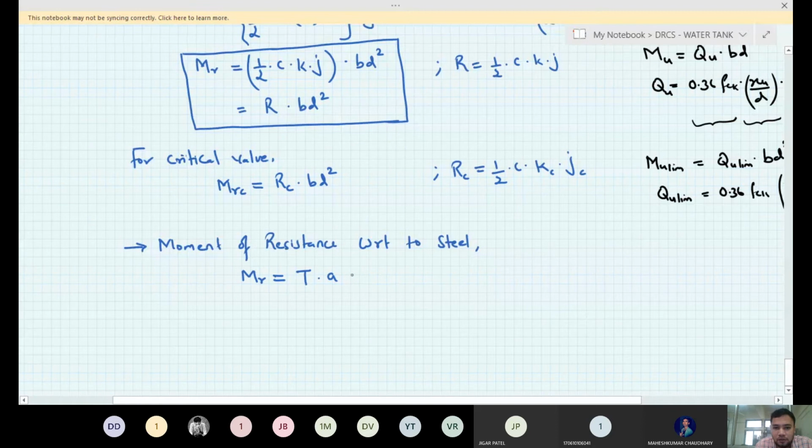Okay, now see what is T? T is the tensile force in reinforcement.